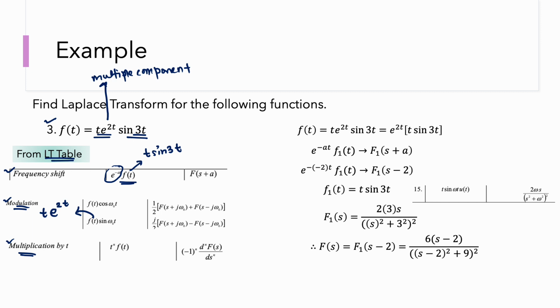The third possibility is multiplication by t, where we have t times f(t), so our f(t) will be e^(2t) sin 3t.